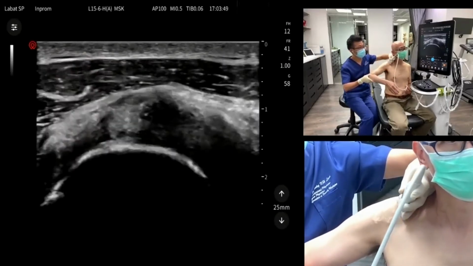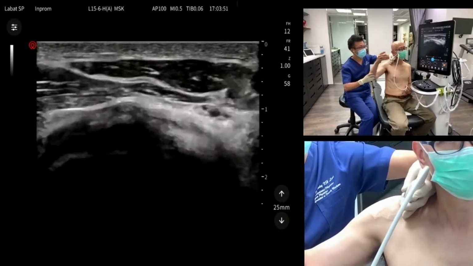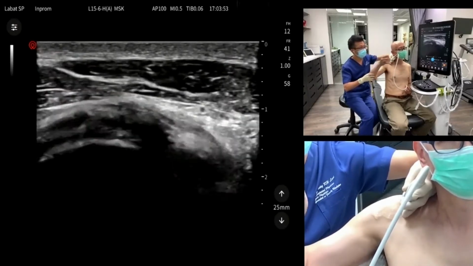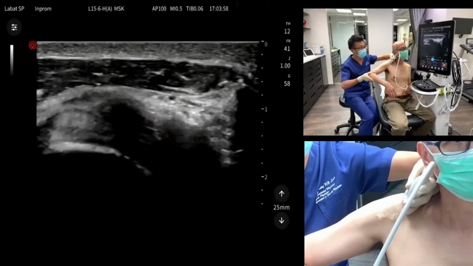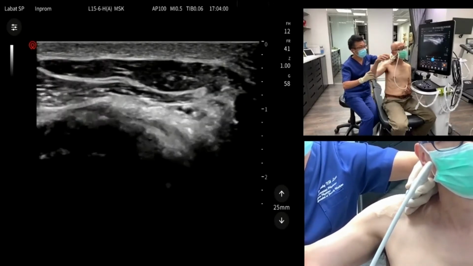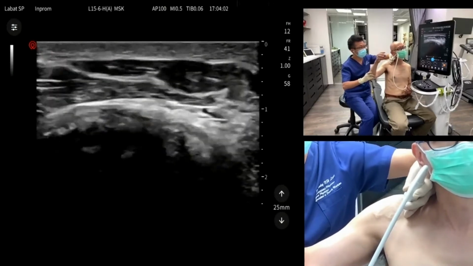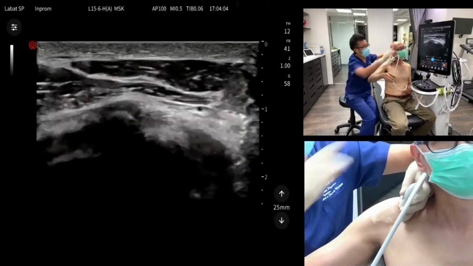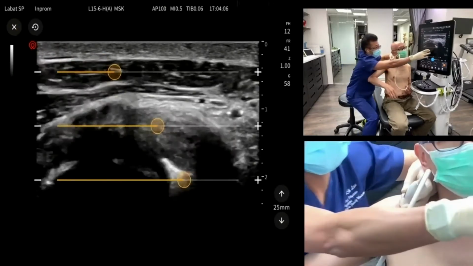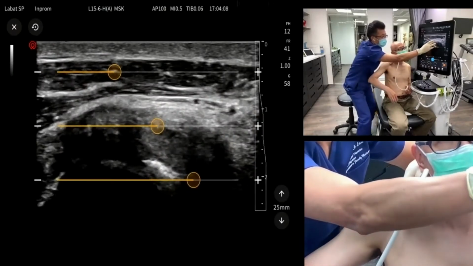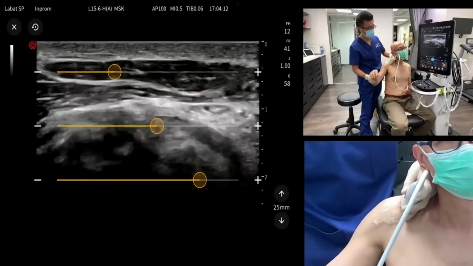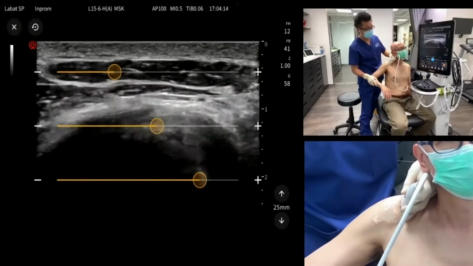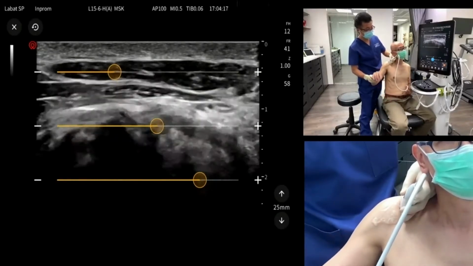Now I'm in the short axis to the coracoid-acromion ligament. Each time when I'm doing this, you can see the soft tissues are having some break with the coracoid-acromion ligament.